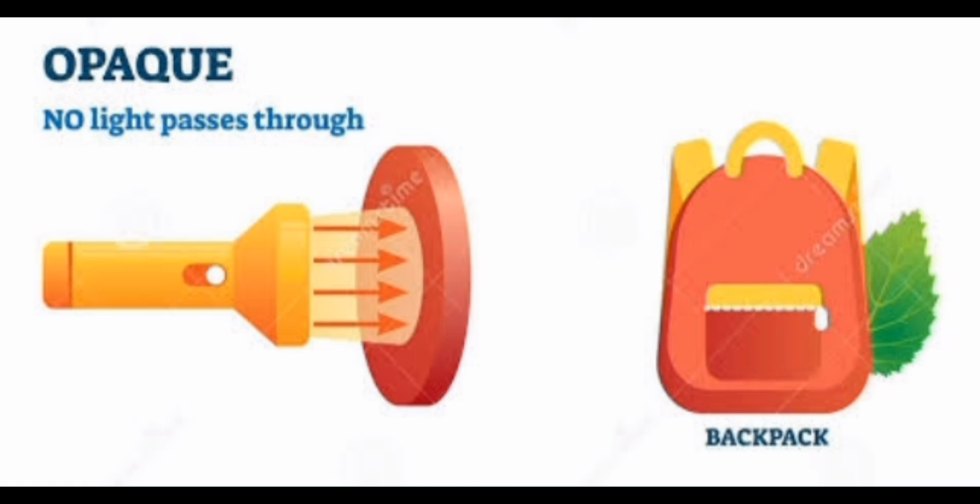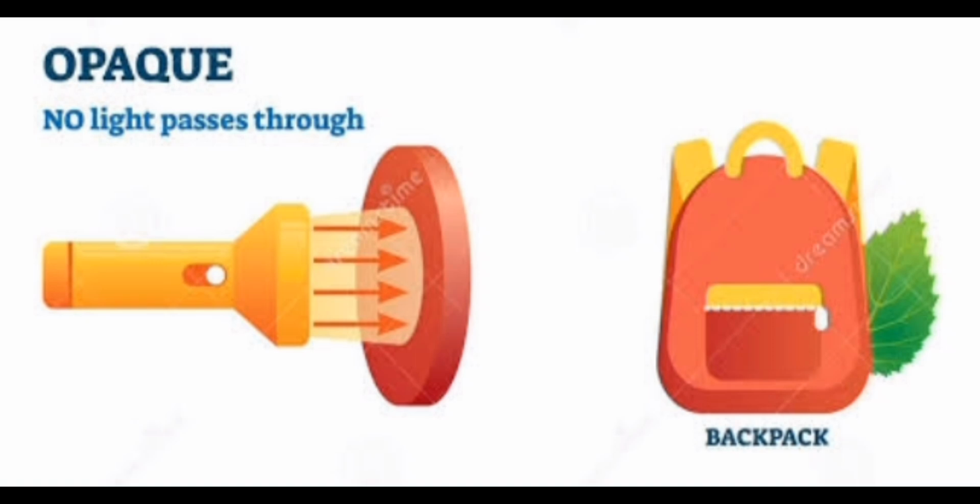Like rock, wood, metals, and also the human body. So opaque objects don't allow light to pass through, and we can't see what is behind them. We can't see through them.